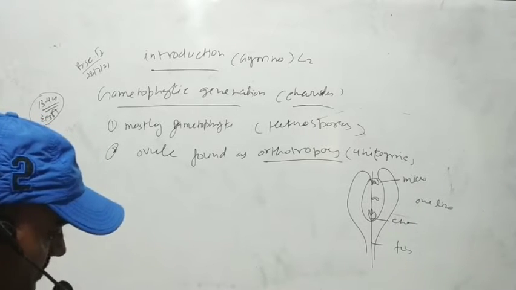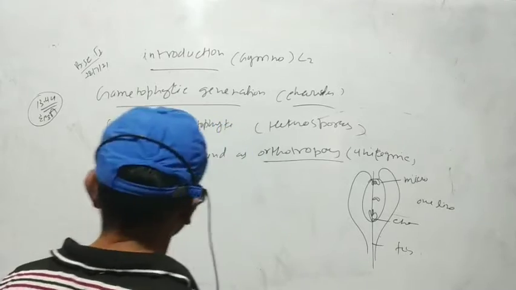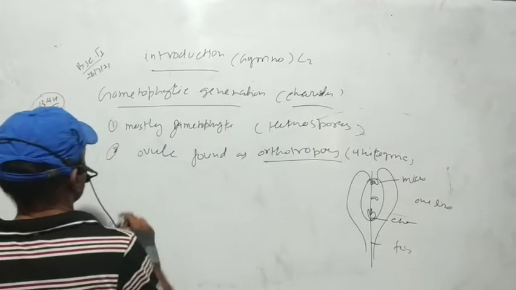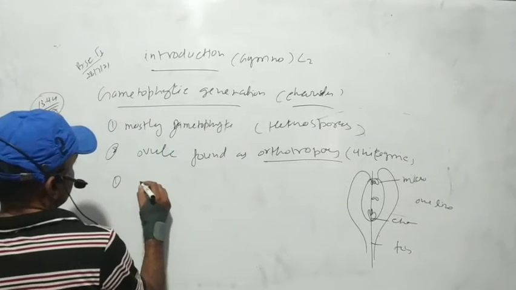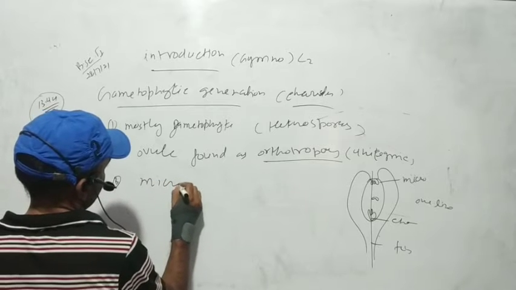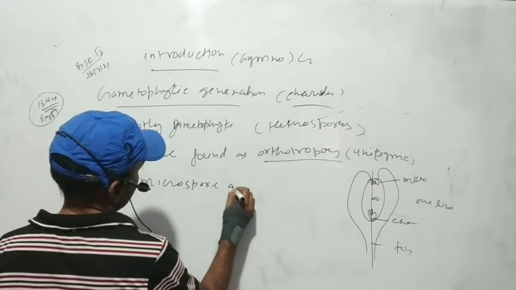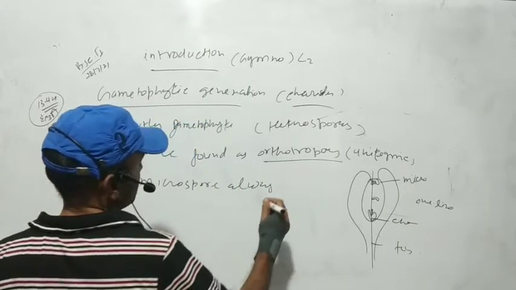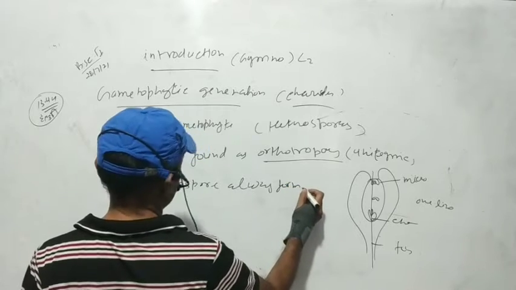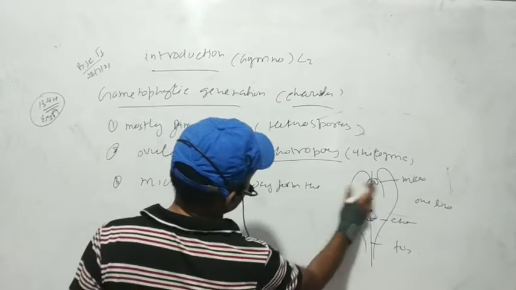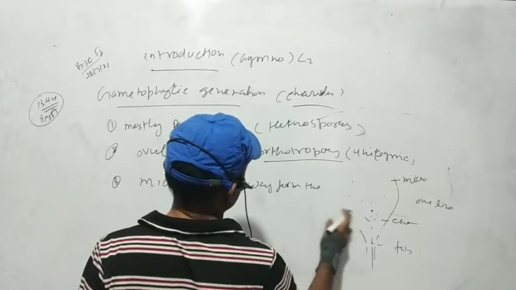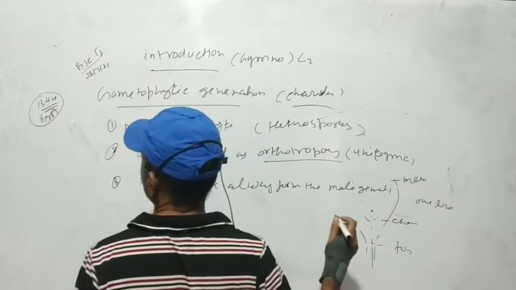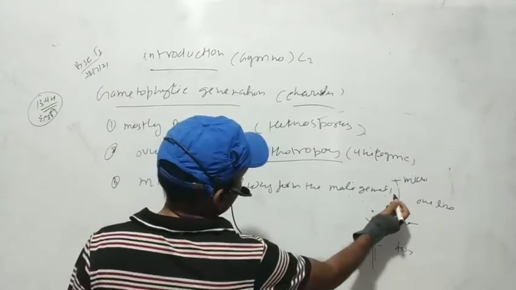Next, two types of gametophyte are found here. Number one: microspore always forms the male gametophyte.